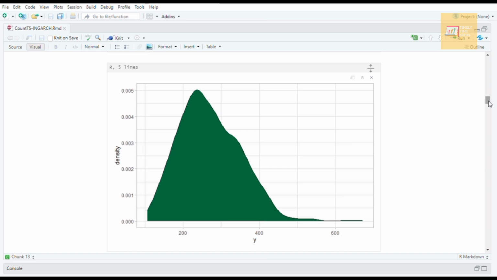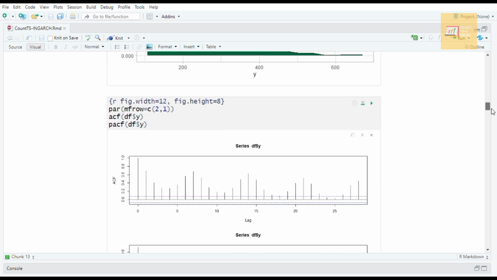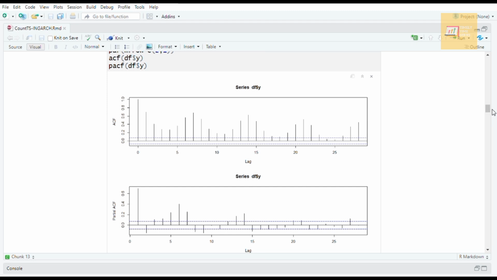Okay, let's continue our exploration of the time series. So here's the ACF. The top plot is the autocorrelation function, while the bottom one is the PACF, partial autocorrelation. First of all, we can see that the time series is non-stationary. Additionally, we can see seasonality. The seasonality component is really clear here.